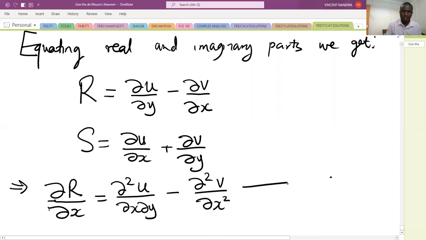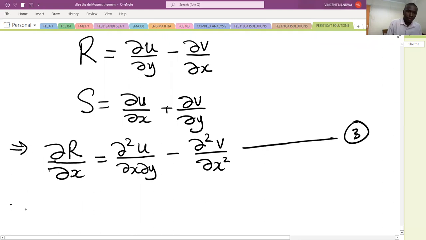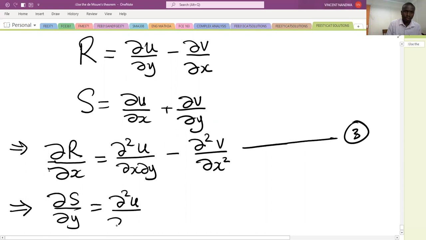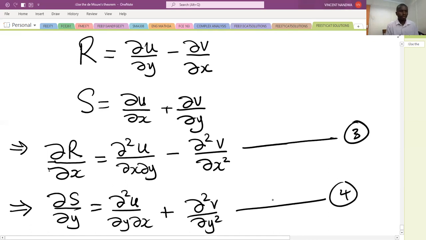Let's call this one equation 3. Also, differentiating S now with respect to y, ∂S/∂y will be ∂²u/∂y∂x + ∂²v/∂y². Call this one equation 4.